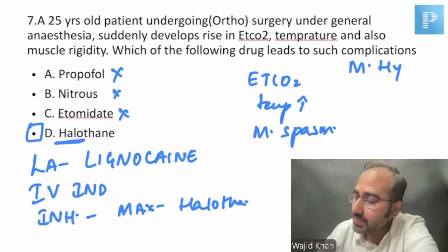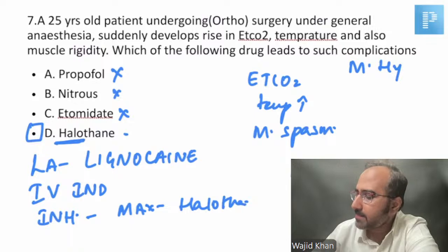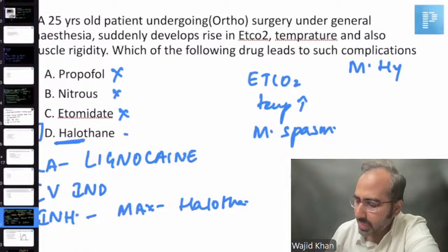And what is the drug of choice for malignant hyperthermia, guys? The drug of choice is IV dantrolene sodium, a central acting muscle relaxant. That's regarding malignant hyperthermia.